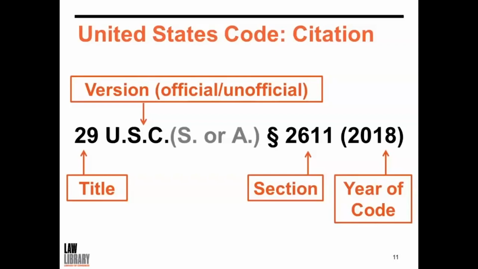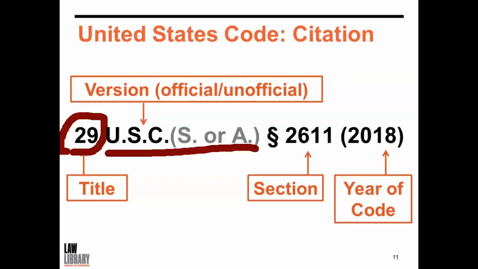So if you look at the citation, it identifies the title number and the information about the print version. Okay, so we're starting at, let me get my little pen out here so I can follow along with you. There's the title, Title 29. It identifies which version the person wants to draw your attention to. So in this case, it's the U.S. Code. If it was the U.S. Code Service or the U.S. Code Annotated, one of these would be available here. It has a little section symbol.